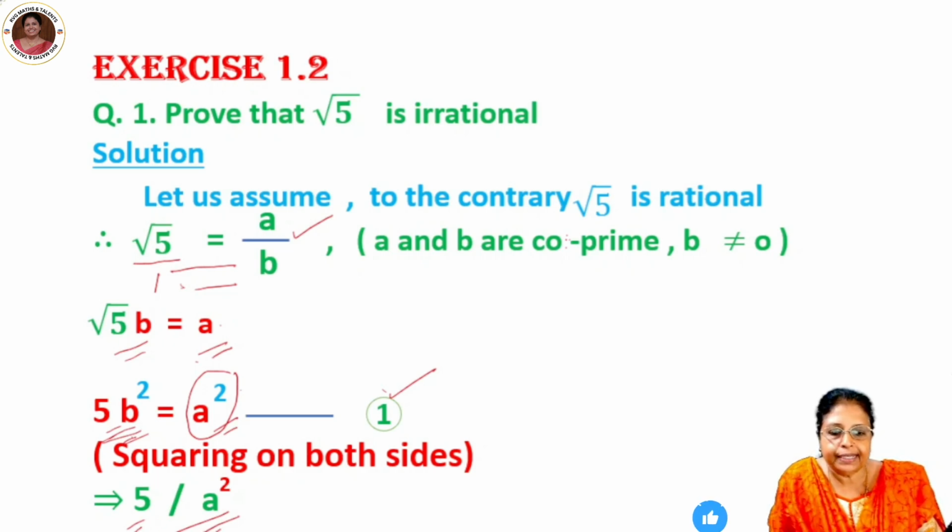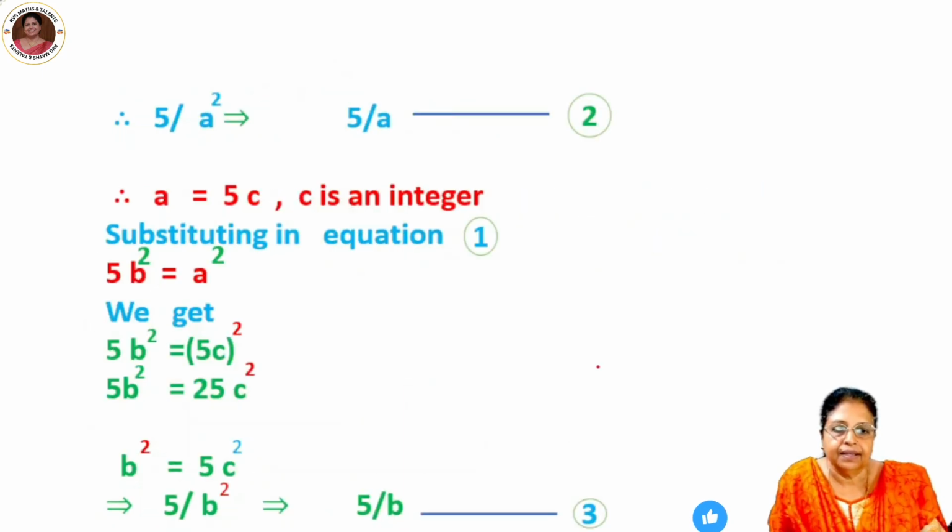So we are getting here 5 divides a square, and by theorem 1.2 we know if 5 divides a square, we can get 5 divides a. So 5 divides a square implies 5 divides a.